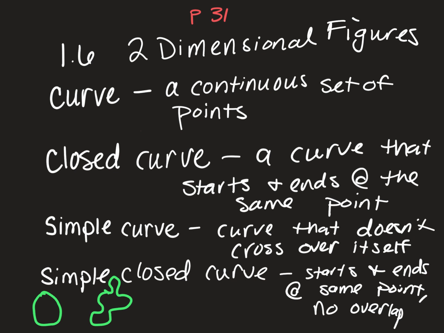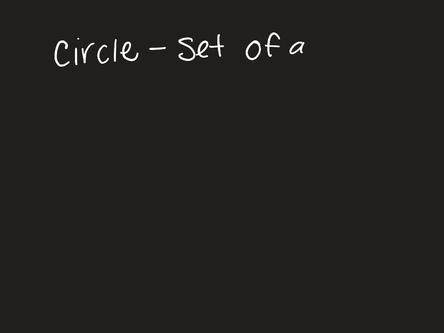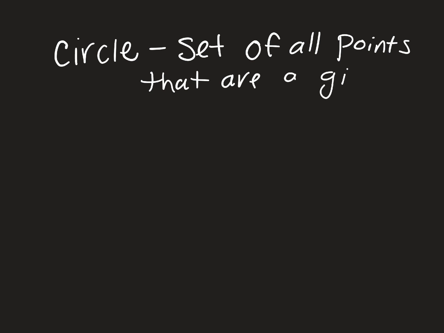Sure. All right. Okay, so our next definition is a circle. A circle is the set of all points that are a given distance.